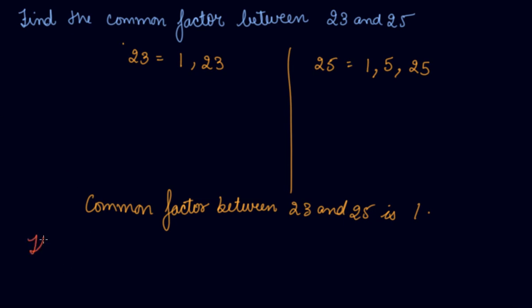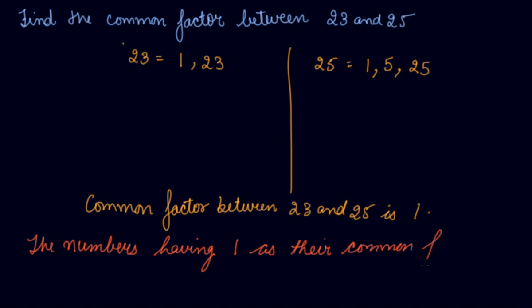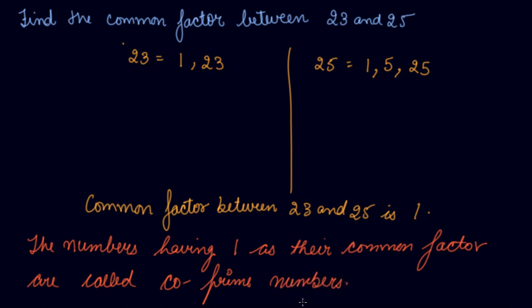So the numbers having 1 as their common factor are called co-prime numbers. Right?